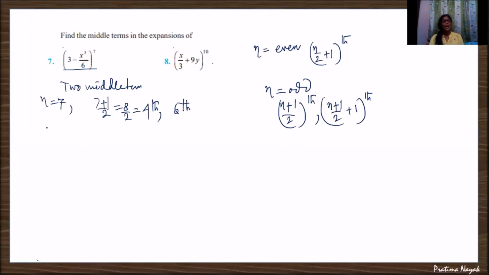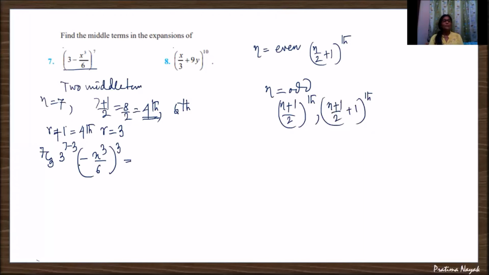So when r plus 1 is 4th, because this is the 4th term, r will be 3. For the first case, r will be 3. So it will be 7c3, 3 to the power 7 minus 3, and minus x to the power 3 by 6 to the power 3. We will simplify.